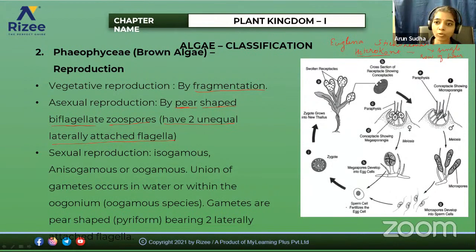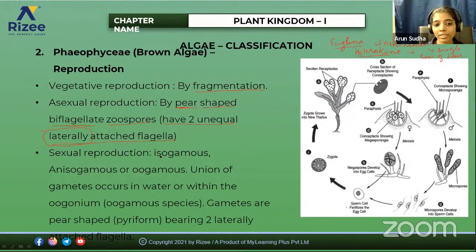The stichodematic type has a single row of hair. So different organisms have different types of flagella. Here the type is pear-shaped biflagellate zoospores, that is, two unequal lateral flagella, and it also depends on the position where the flagella is attached.